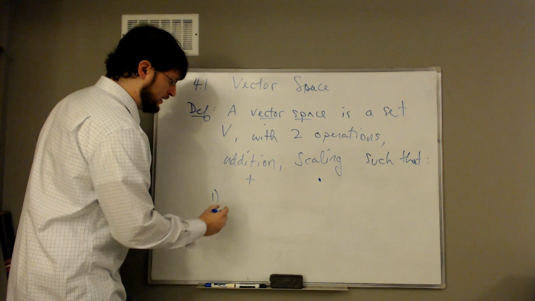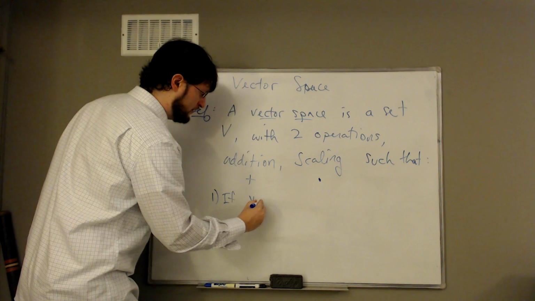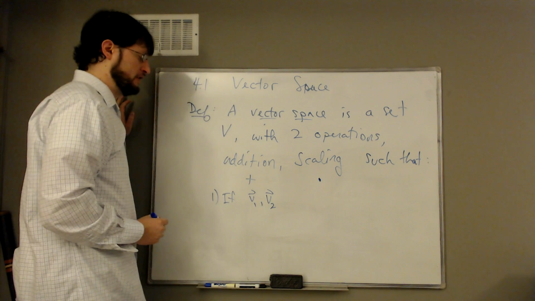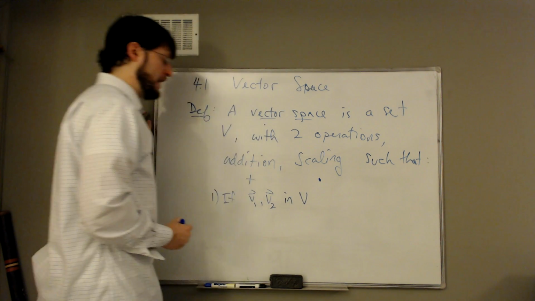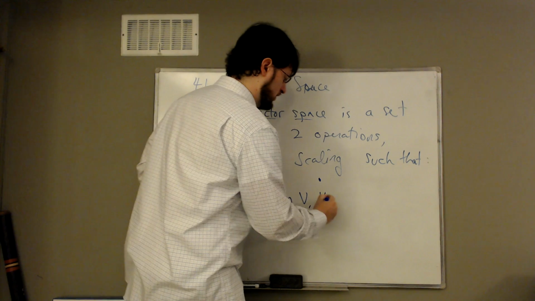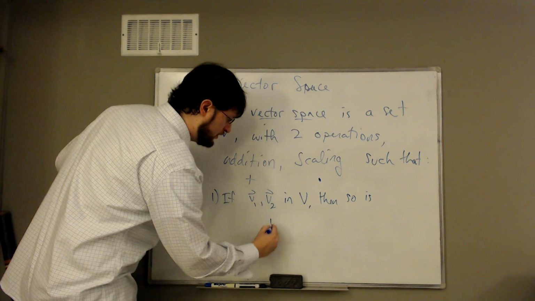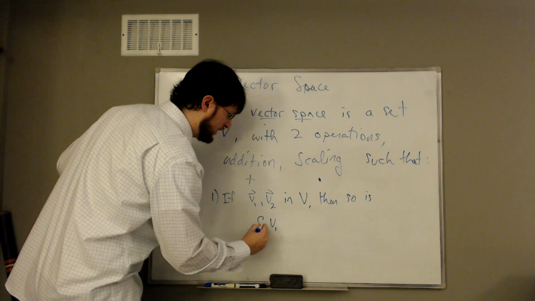One, if V1 and V2, we're going to still write them as vectors as before, with this same notation, if V1 and V2 are in the set V, then so is V1 plus V2, but also scaled any way we like.